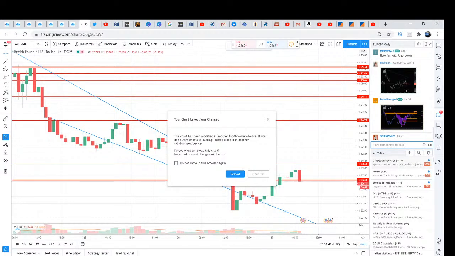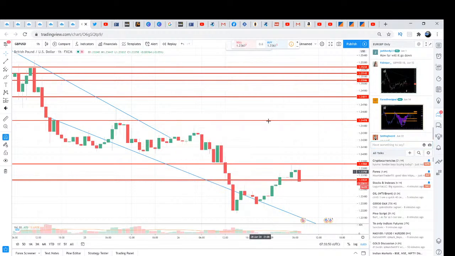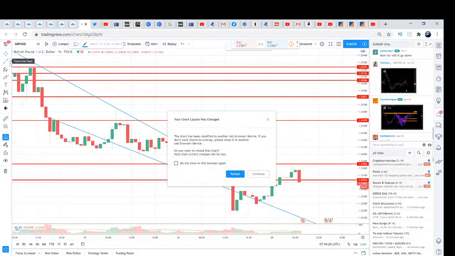So this is GBPUSD, the trade that I called so far earlier. As you see, we're in profit. If it breaks this red line, I see it coming down, computer's on slow, but I see it coming down to like the 1-2-300 area.